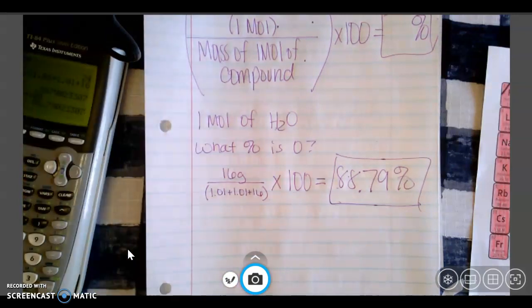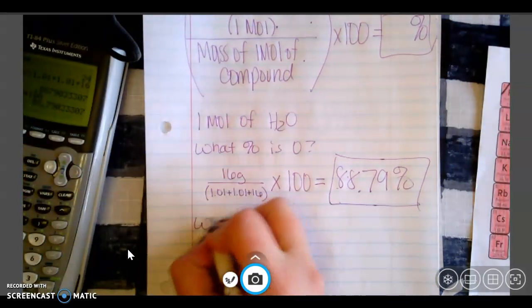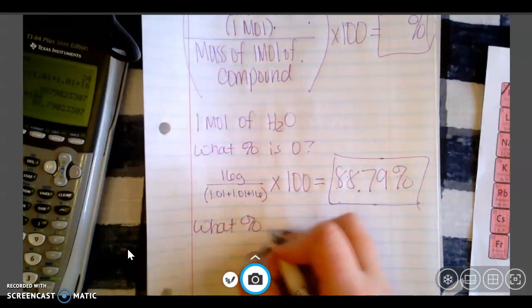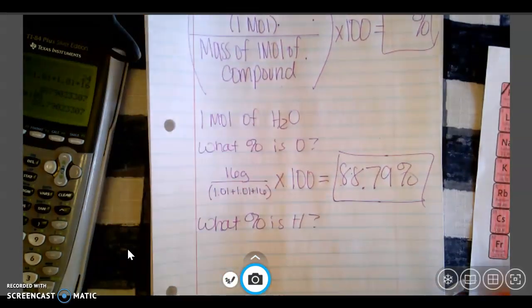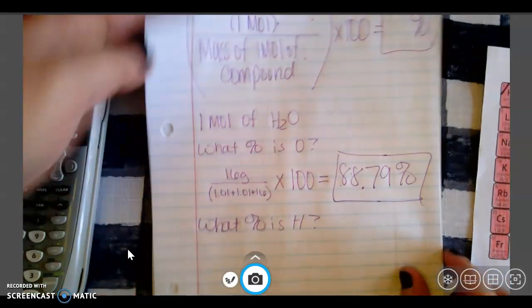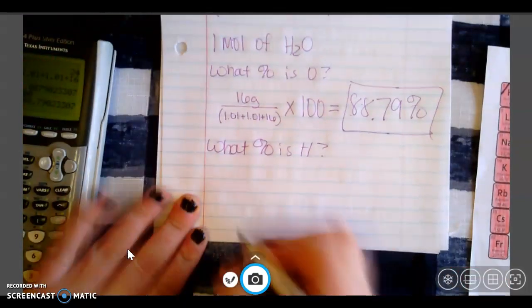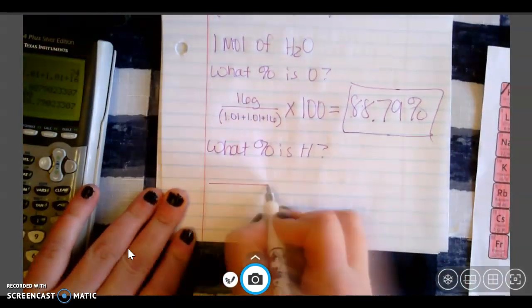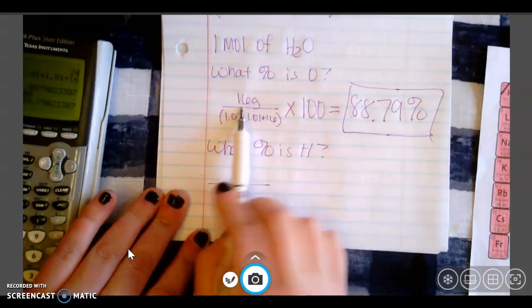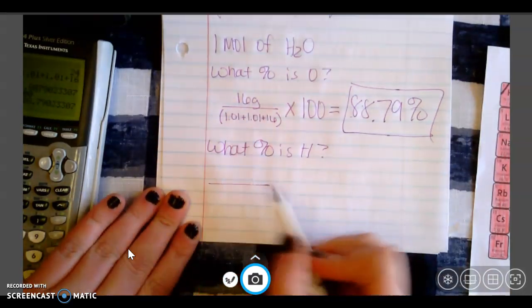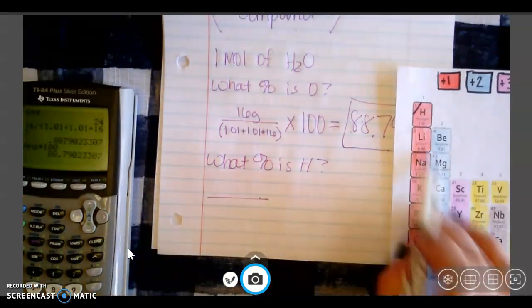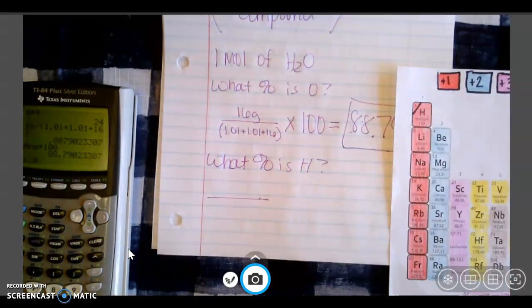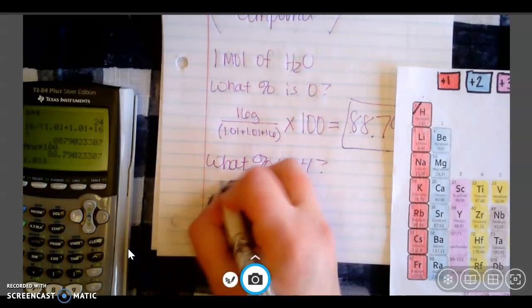Now I want to figure out what percent is hydrogen. Let's do this the long way, and then I'll show you a super easy way to do this. First I need to figure out the mass of the element, just like I did up here. A hydrogen weighs 1.01 grams, but I have 2 of them.